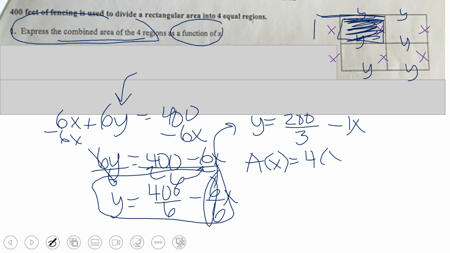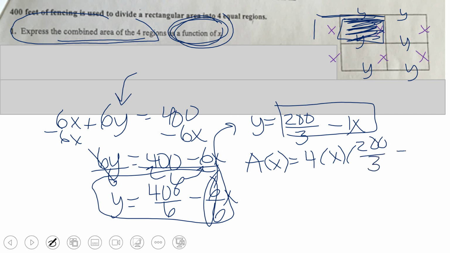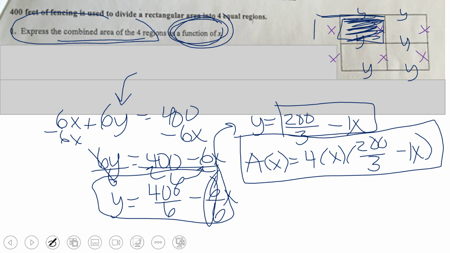The width is x, and remember we only want to write this function in terms of x. So instead of writing y, I'm going to write what y is equivalent to, which is 200 over 3 subtract x. That's how I'm going to represent the combined area of the 4 regions.